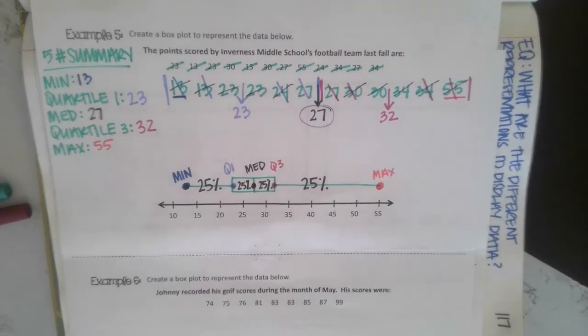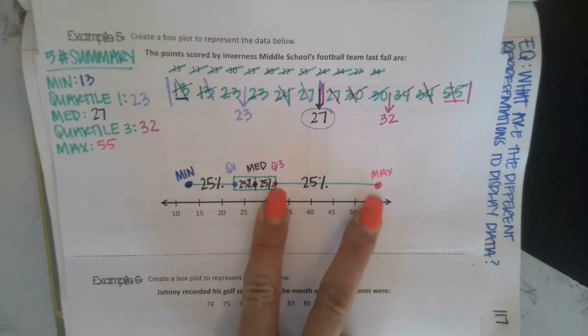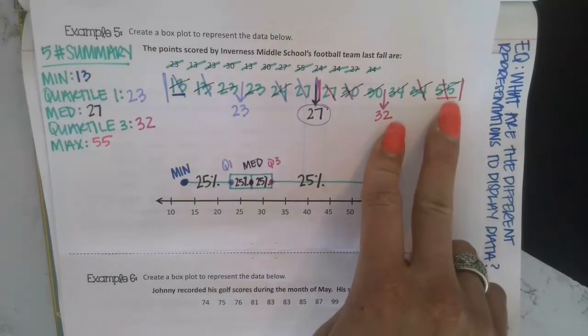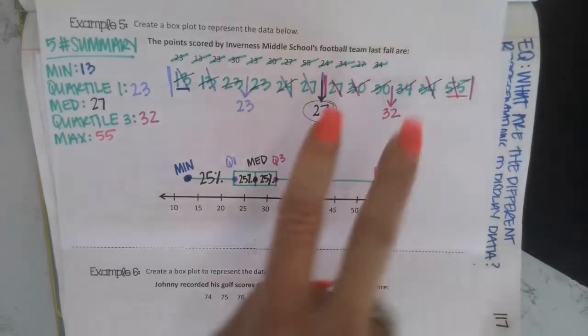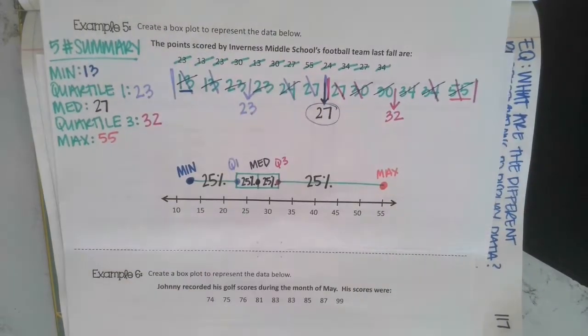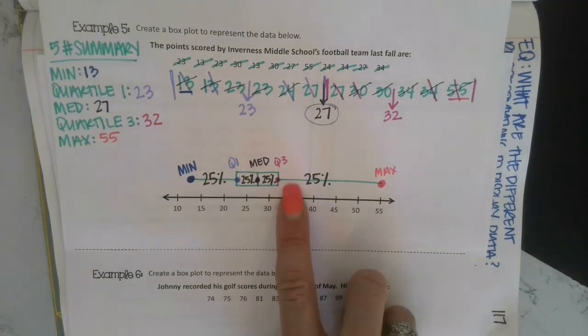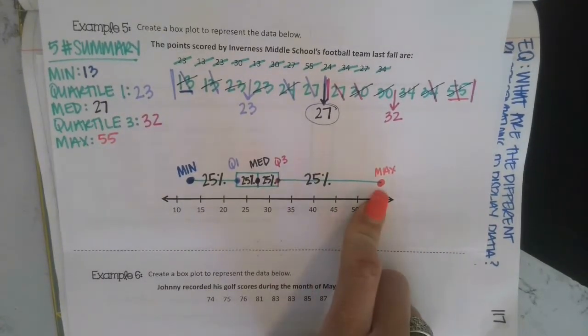Now, the reason that it looks different and more spread out, so it doesn't actually seem accurate, is because between the quartile 3 and the maximum, your data is a lot more spread out, which makes sense, right? If I look between 32 and 55, that's a lot more spread out than 23 and 27. So we can't let our eyes fool us. It's not necessarily telling us that we have more numbers between my quartile 3 and my maximum.